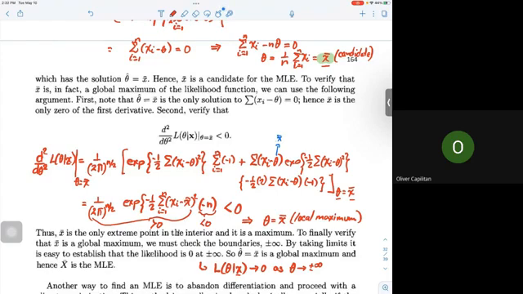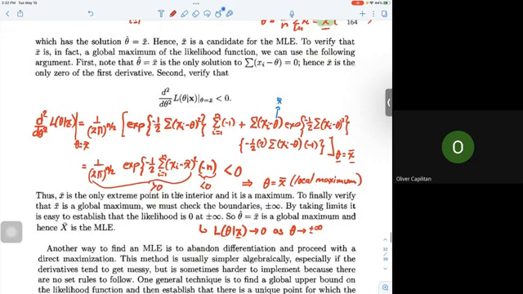Hence, we conclude that theta hat is equal to x bar. So this is now the estimate of our unknown population parameter theta, and it is a global maximum.